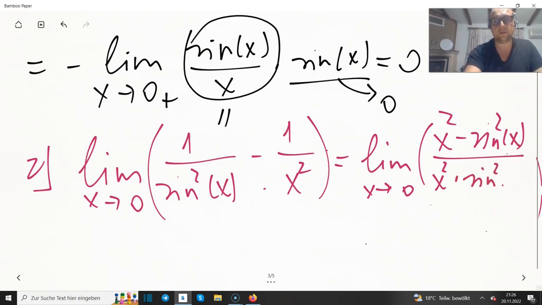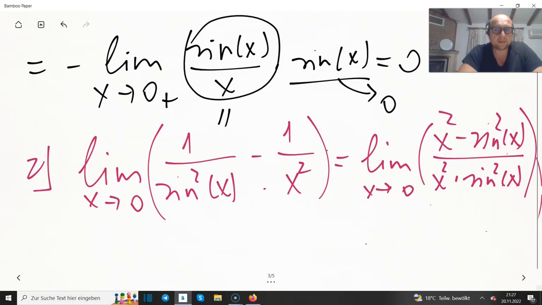Well, you see, this is a great case for application of L'Hopital, but the problem is in the denominator, we have a product and also sine squared, which means it's a chain rule and a product rule at the same time. So we'll need to do L'Hopital many times, maybe 3 times, in order to see something clearly.